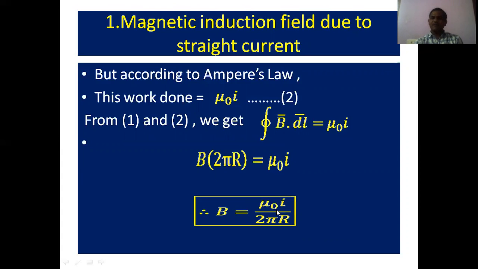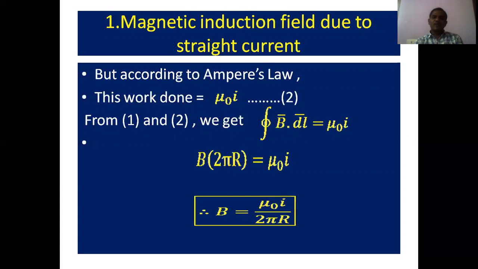This equation represents the magnetic induction field strength at the perpendicular distance r from the straight current carrying conductor, B equal mu naught I by 2 pi r. So in this way, we can find out the magnetic induction due to the straight current.